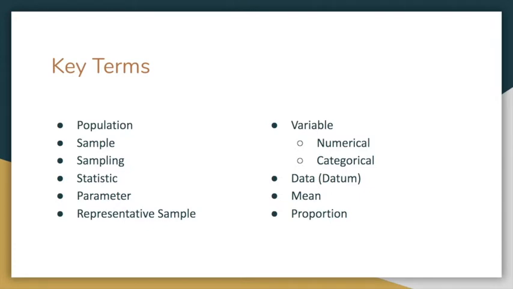Going to go through these a little quicker here. Variable is basically, we usually use X for the variable, and it is a value that can be found for every member of the population. Okay, so for example, maybe I want to find the mean height of people on the cross-country team.